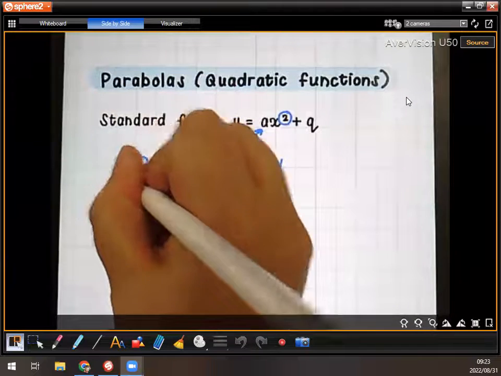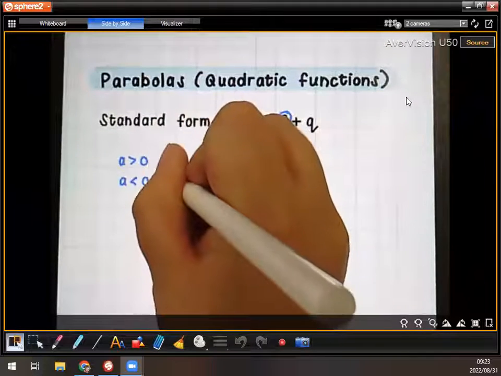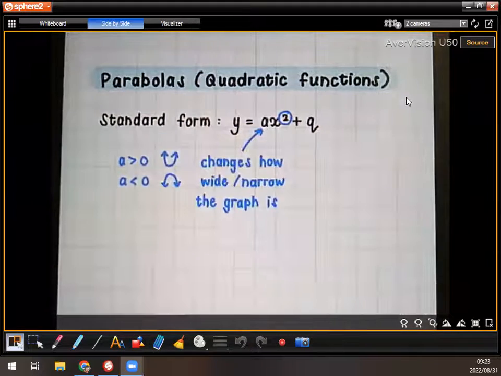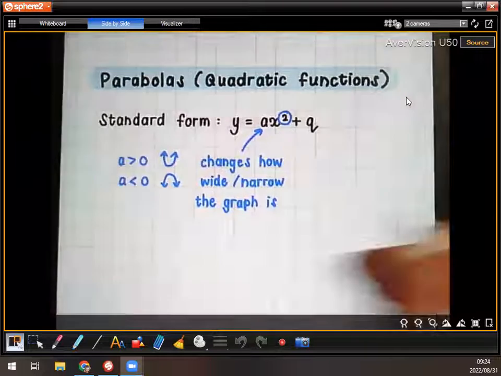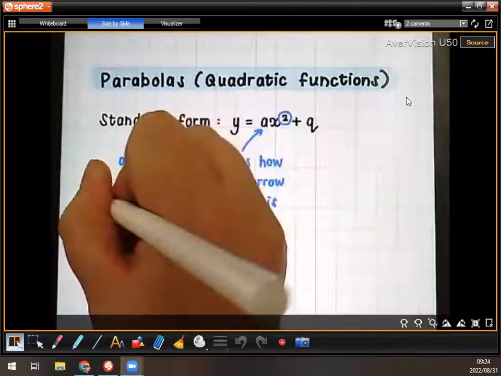And if A is negative, then your graph is going to look like this. It's going to be a downward facing parabola. And why is that? Because it is reflected in the x-axis. I'll just put that in brackets.